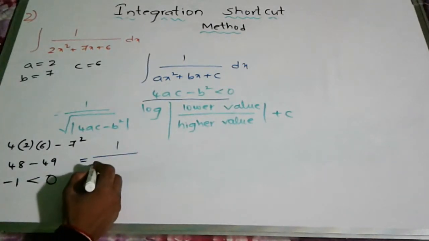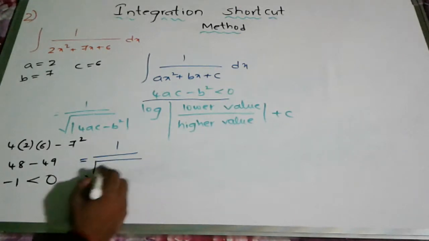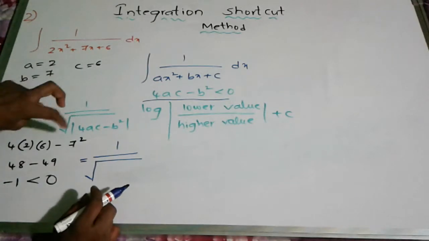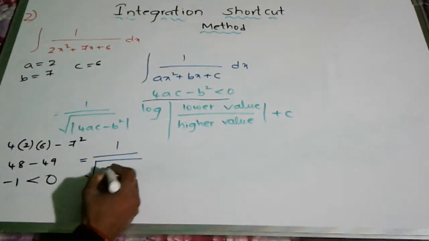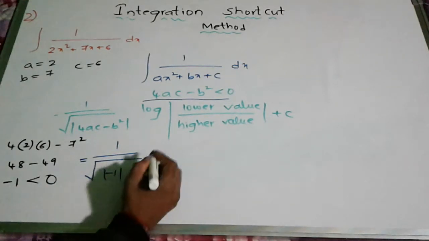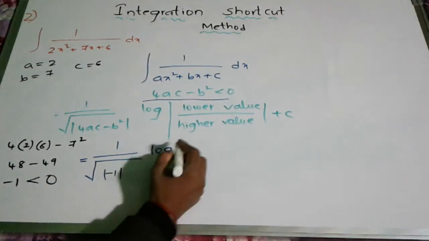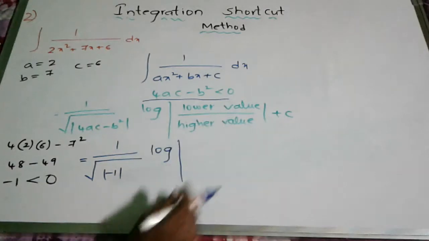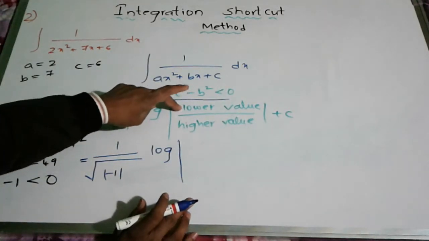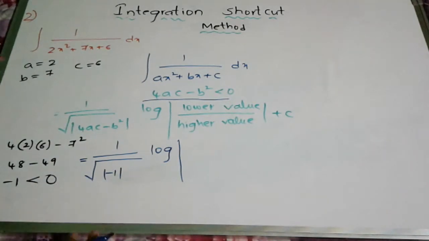1 upon under root mod 4ac minus b square. The value we got here, right? So I'm writing directly mod minus 1 log, and to get these two values, first of all you have to factorize this one.